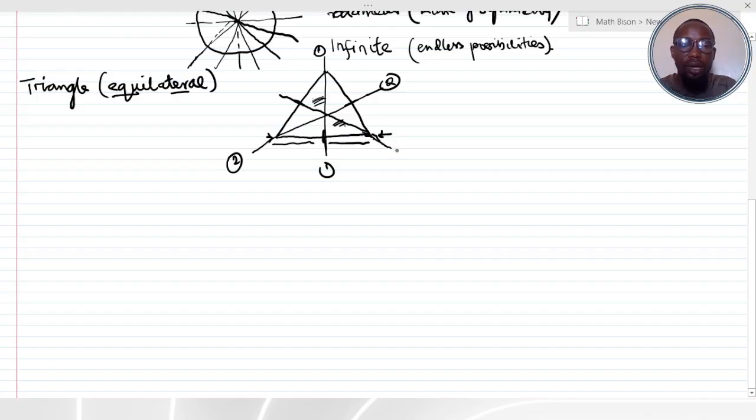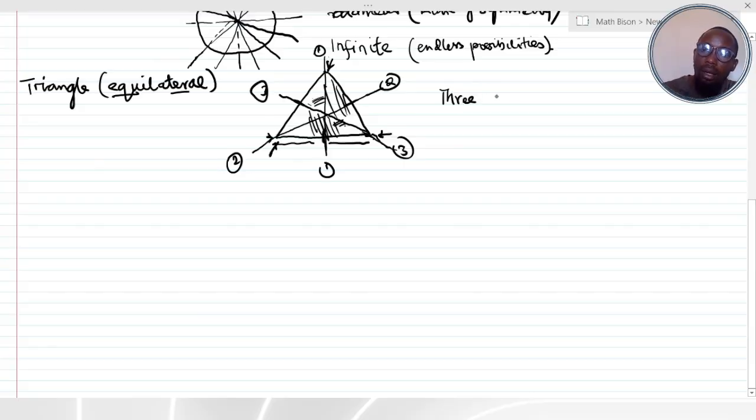Through this corner, we also have this third line that splits the shape into two equal halves, and they cover perfectly on all points. So in an equilateral triangle, we have three lines of symmetry.